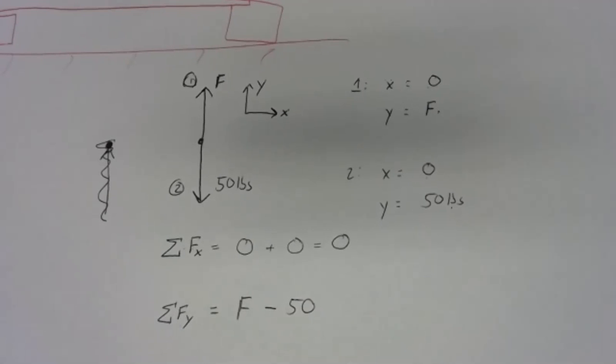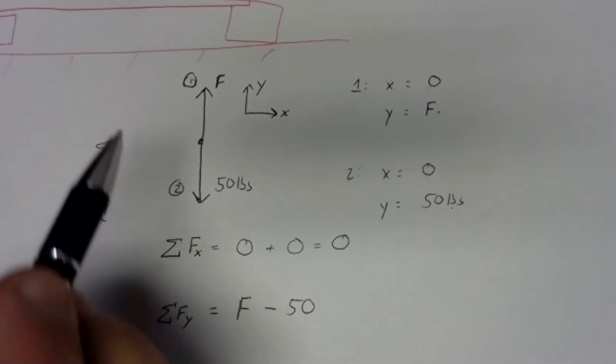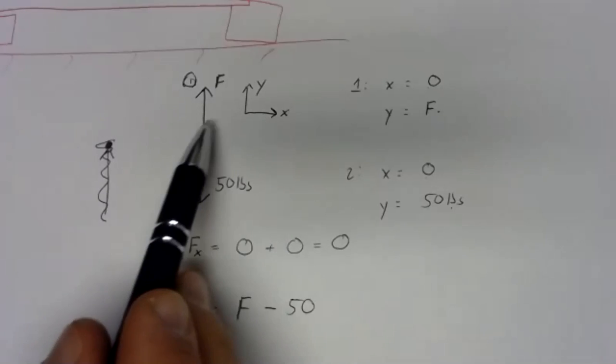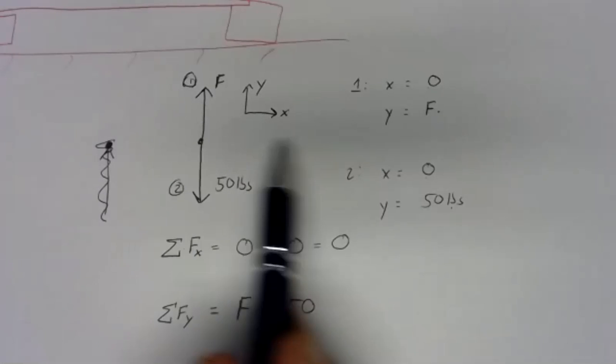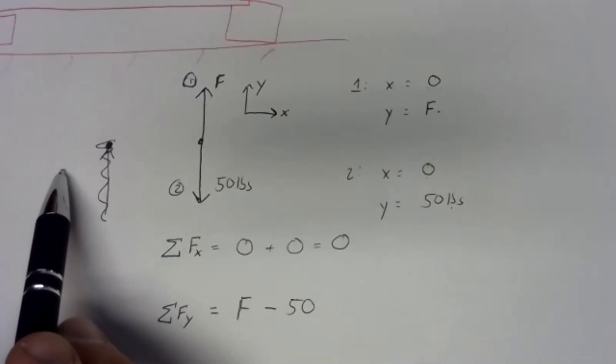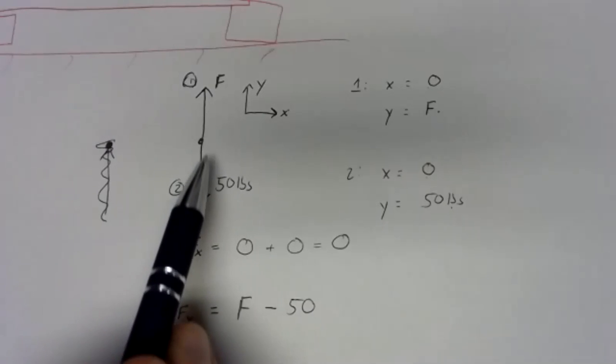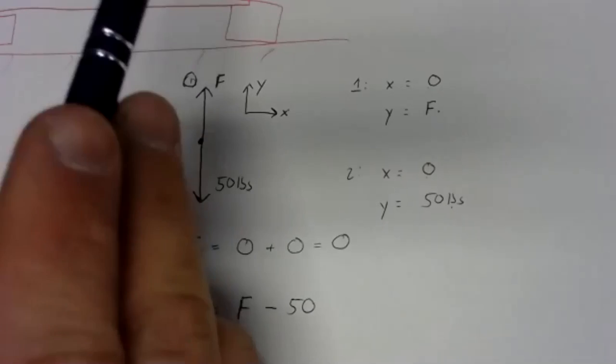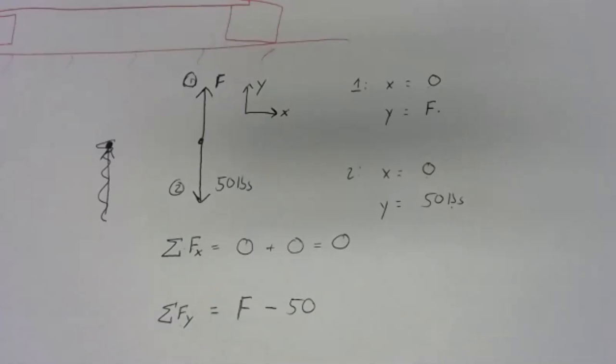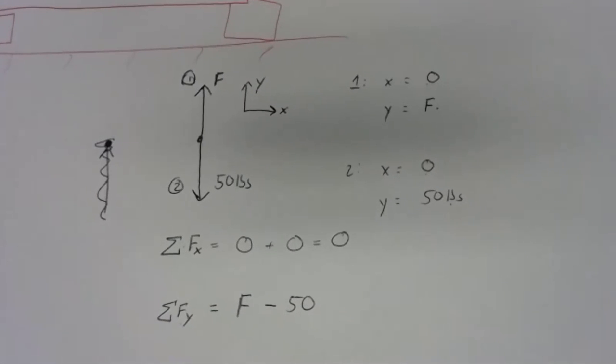They have to be. If they weren't, then we'd have acceleration. If the sum of forces in the x direction here was not 0, then this thing would go shooting off in the x direction somewhere. If the sum of forces in the y direction was not 0, then it would go up or down. It would be moving. In equilibrium, the sum of forces must be 0.